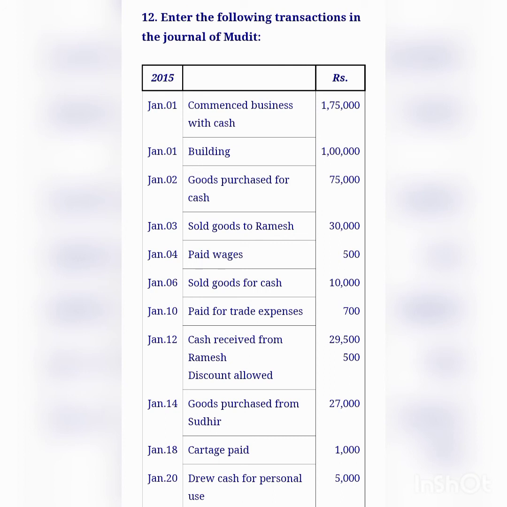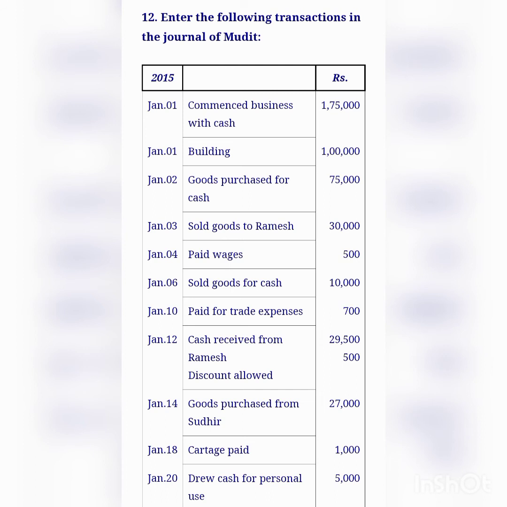In this transaction, cash received means cash is an asset for the company. Cash balance increases. When asset increases, debit that account. So the actual amount received equal to 29,500. So we want to debit cash account 29,500. Then discount allowed is an expense for the company, loss for the company. If any expenses increase, debit that account. So we have to debit discount allowed account 500.